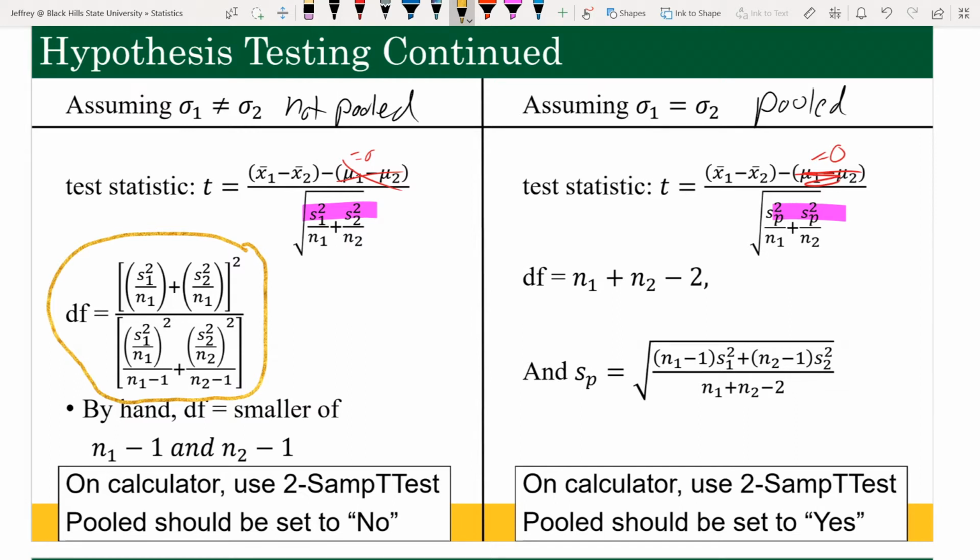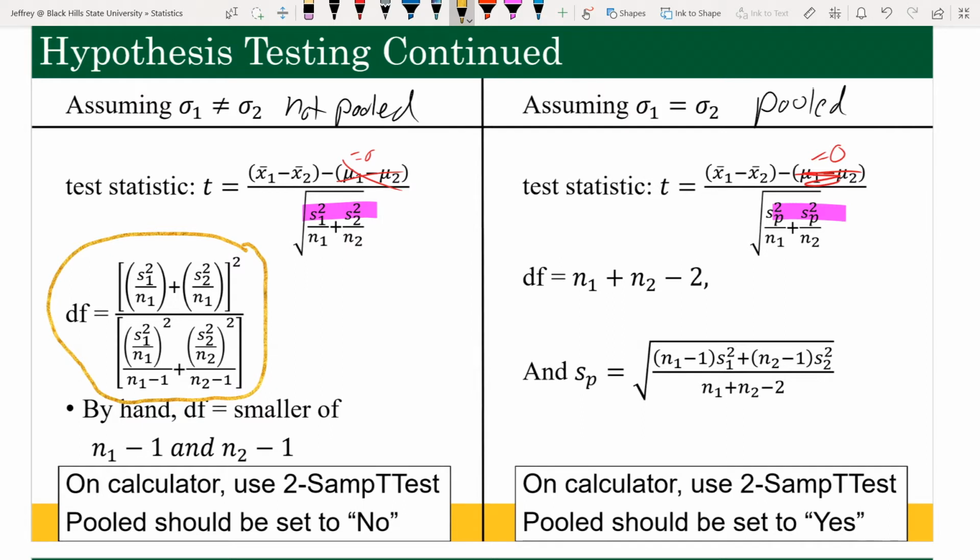Now, of course, this is not a very practical formula, especially if you're doing this by hand. So a much simpler version, if you were to do this by hand, is to take the smaller of n1 minus 1 and n2 minus 1. And this, of course, will still give you a different result entirely. I would personally recommend just sticking with the degrees of freedom that Excel spits out for you.